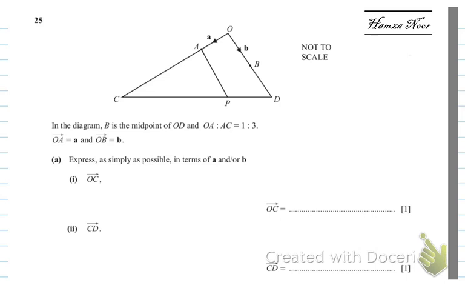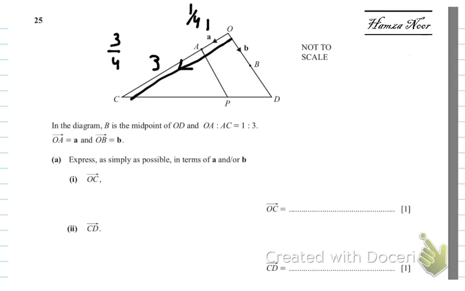Alright, first thing, you know that the OA to AC ratio is 1 to 3, which means that if OA is 1, then AC is 3. This means that if you combine these two components, OA and AC, you will obtain the vector OC. This also means that the vector AC shares the 3/4 part of the vector OC, and the vector OA shares the 1/4 part of the vector OC.